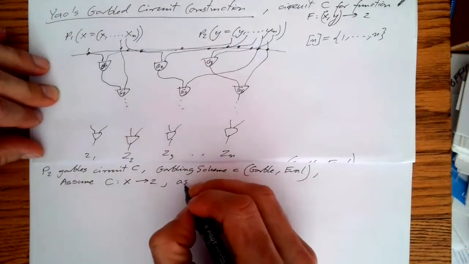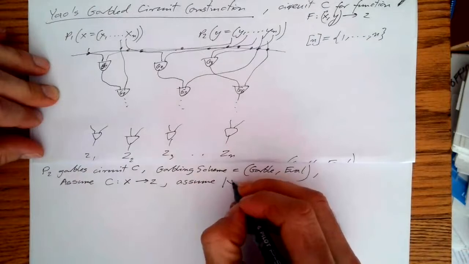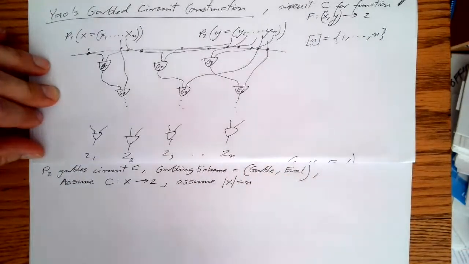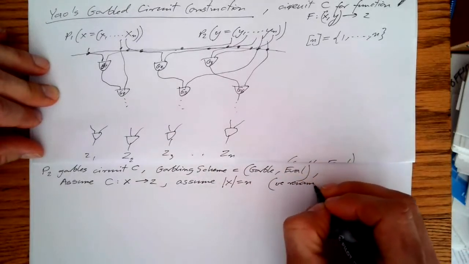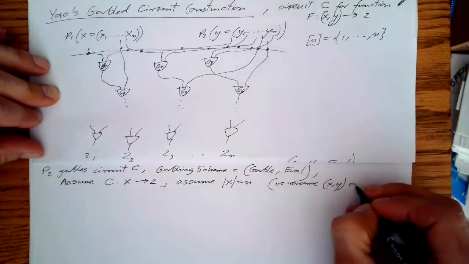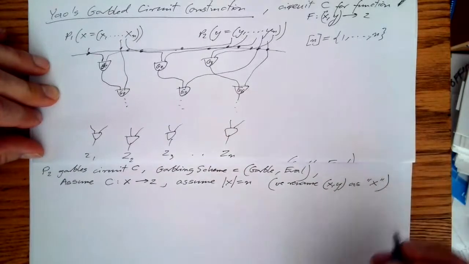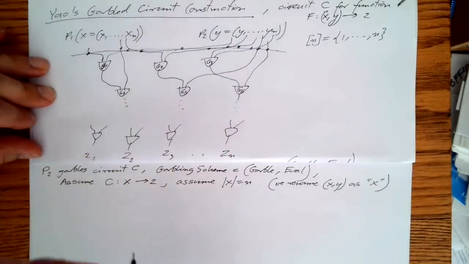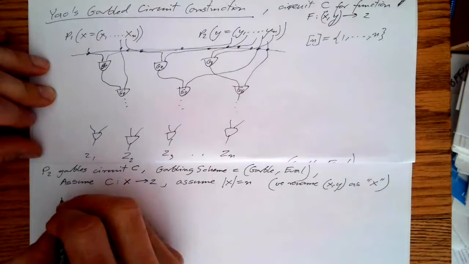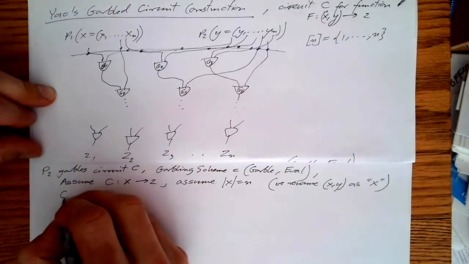And assume X has length n and the length of Z does not matter. So we rename X, Y as X, okay? It's just because from garbling's perspective, it doesn't matter which wires belong to P1 and which wires belong to P2. Let's just call all the inputs X. And now with that notation, it is going to be easier to write.